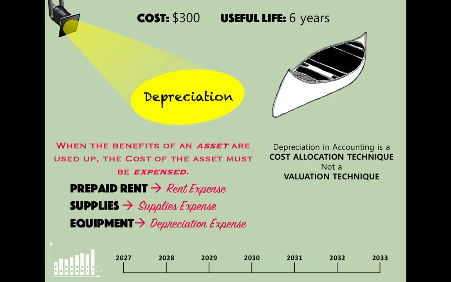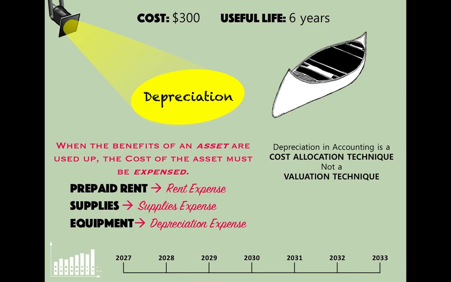Now, when we talk about the benefits of the equipment, we are talking about its ability to help us generate or earn revenue. So if Carl has this canoe for 6 years, what's he going to do with it? Well, he's going to let people rent it, and he's going to then charge them for that, and that is revenue for Carl.